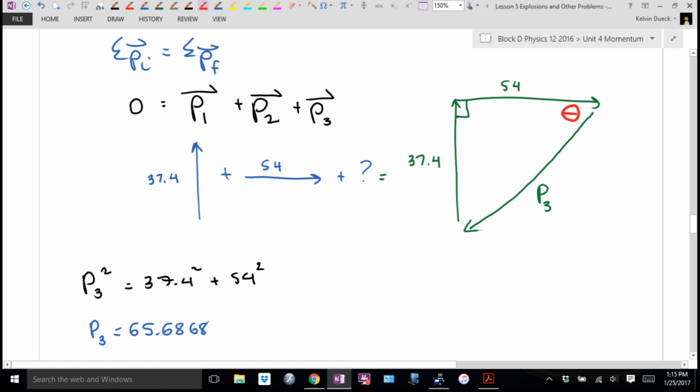I could use the sine law. I could go sine theta over 37.4 equals sine 90 over P3. But you know what? Are we in a right triangle? I think I can go SOHCAHTOA. Which trig function?